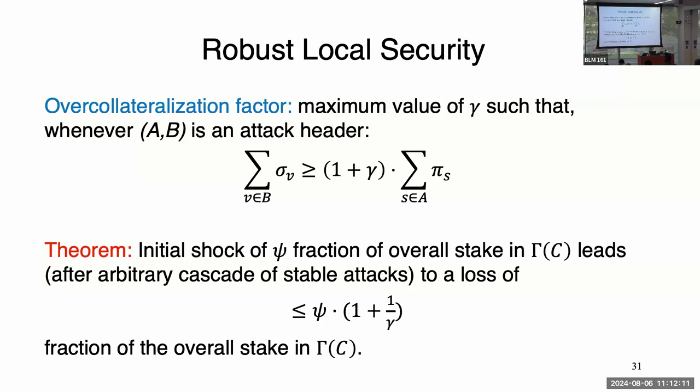You're not okay if it's just that any subset of validators in gamma of C aren't motivated to attack services in C, because the problem might be that validators outside of that set go down and enable this attack. It's a worst case analysis. If you're going to assume worst case among validators that you don't know anything about, don't use them. They can actually materially make your life worse by using them.